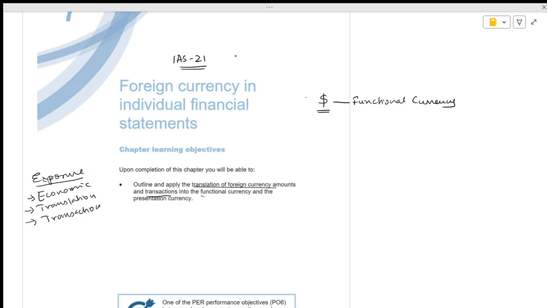In most cases we cover two things: one related to translation and one related to transactions.